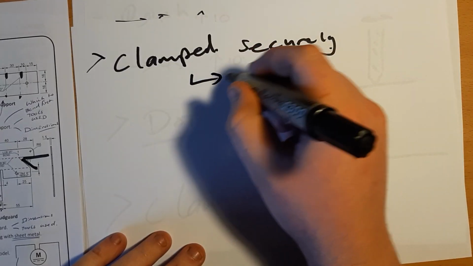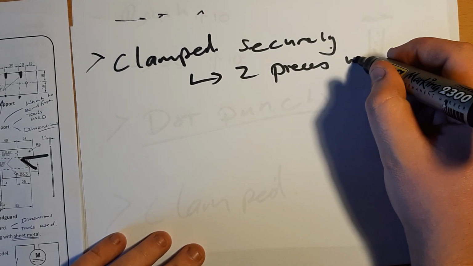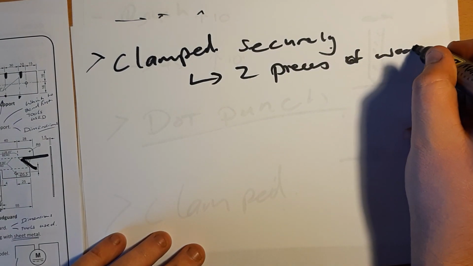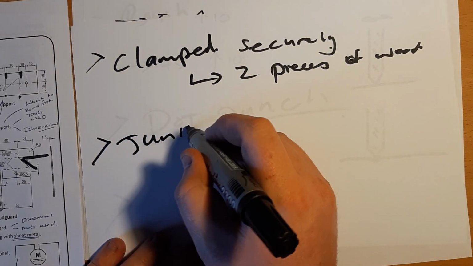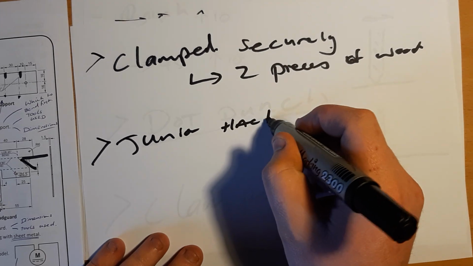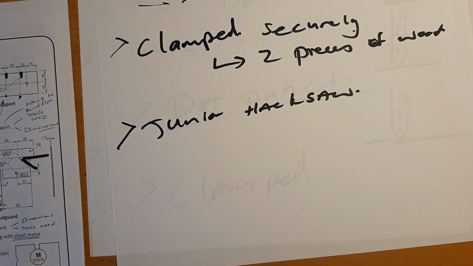You could use 2 pieces of wood to hold it, to make sure it doesn't bend on us. Okay? Junior hacksaw. Again, that is not it, because it's asking us how do you accurately cut the 45 degree angle. That isn't accurate.